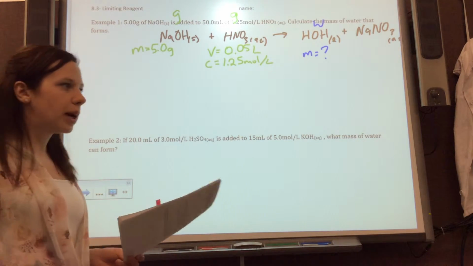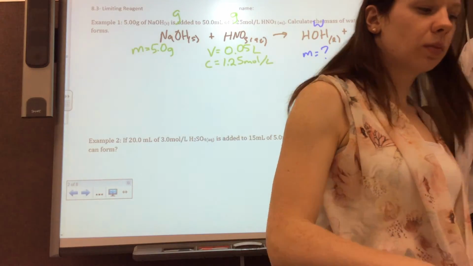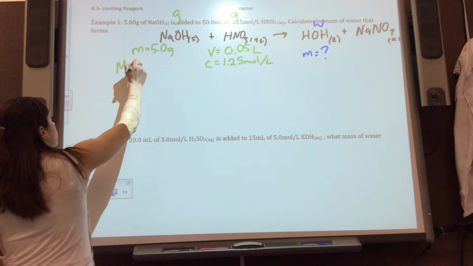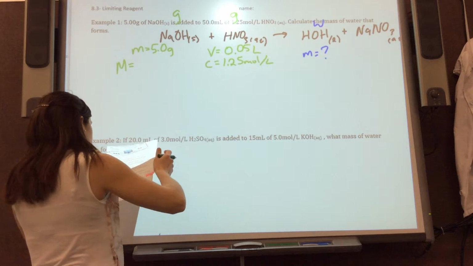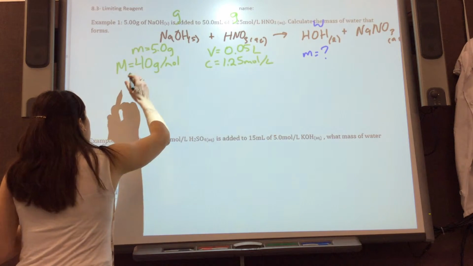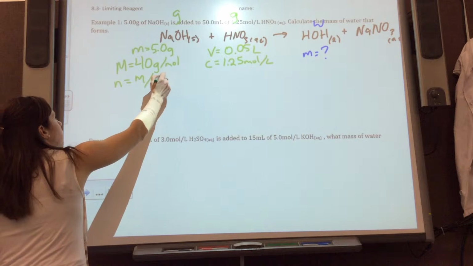So find the molar mass of our sodium hydroxide. Grams per mole. Good, thank you. And then our moles will be our mass divided by molar mass.